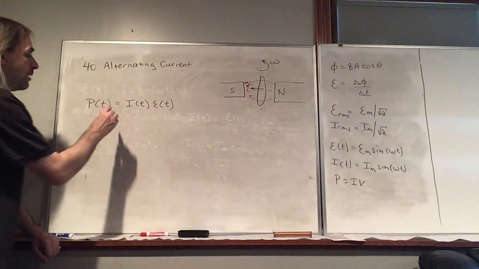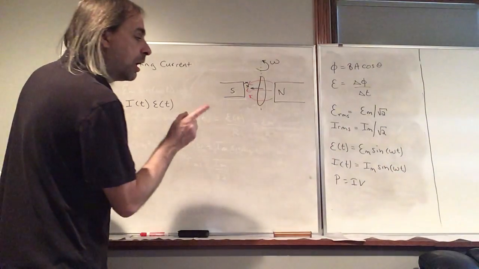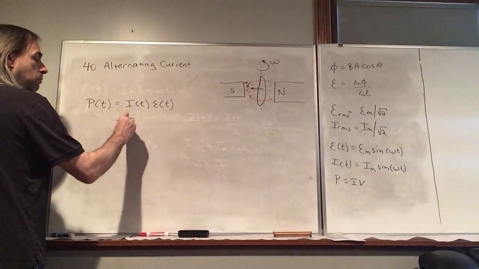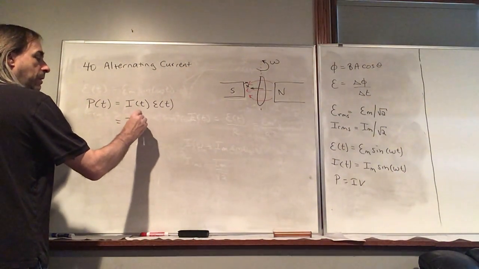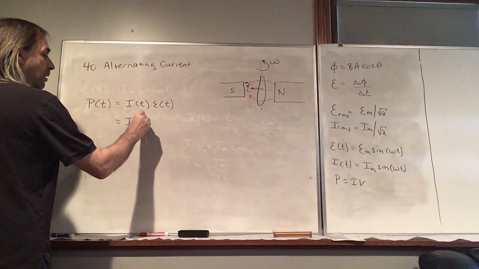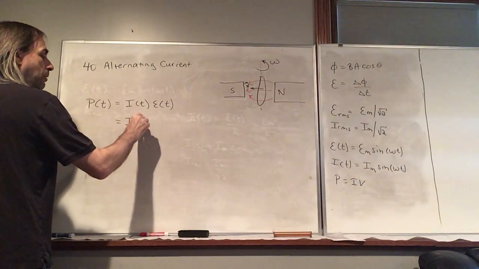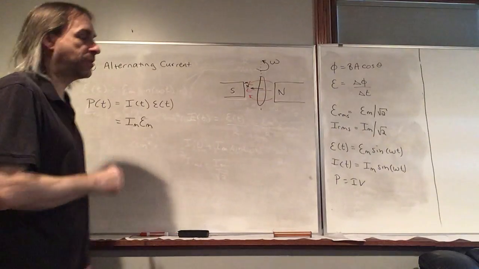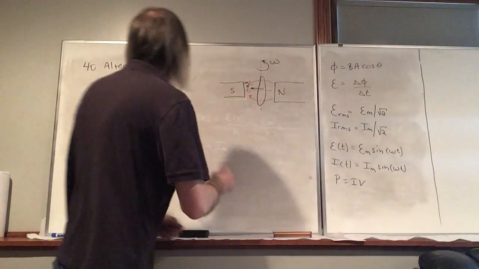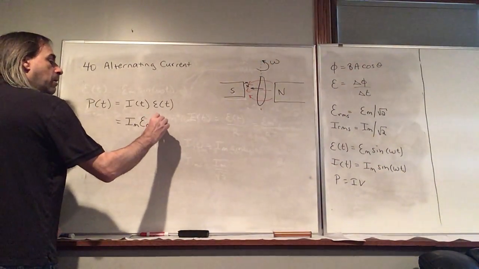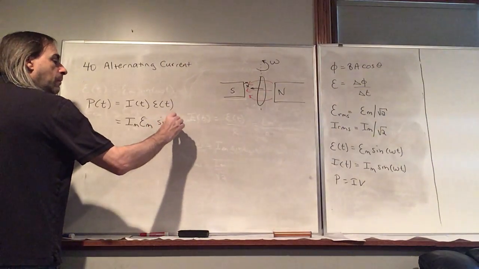Let's plug these in. We have peak current times peak voltage, and they're both described by this sine function. So we have times sine squared omega t.